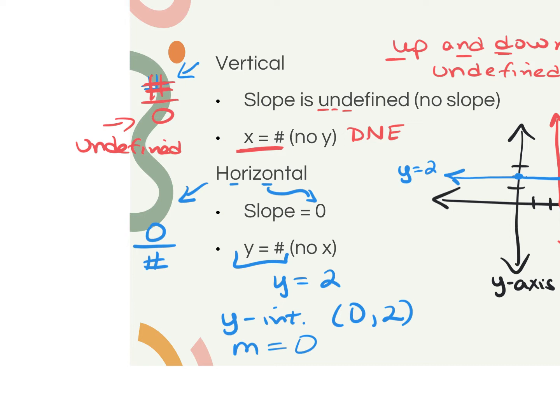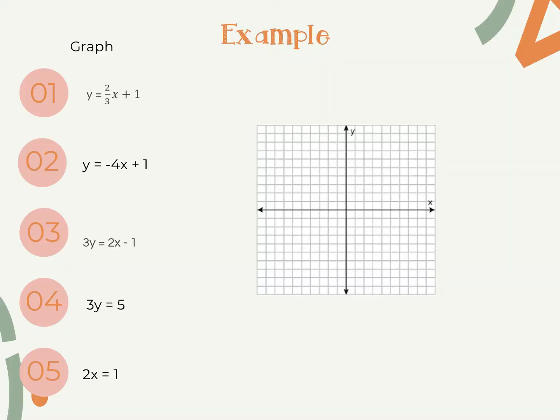So let's try some examples. In tonight's homework, you're going to have to answer the questions, find slope, find y-intercept. Again, the y-intercept will be entered as ordered pairs, and you're going to have to graph it. So if you're struggling with the graphing portion, what I want you to do is find a picture like I did here, put the picture of the coordinate plane in your Notability, and then graph it precisely.